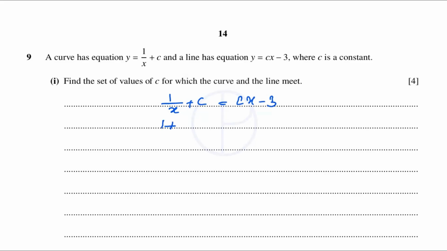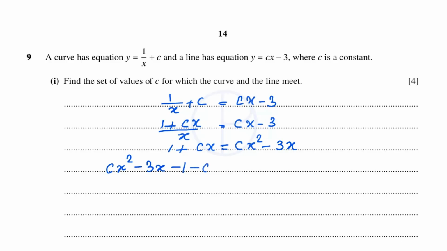Let's take LCM. (1 plus cx) divided by x equal to cx minus 3. Let's cross multiply. So 1 plus cx equal to cx square minus 3x. Let's rewrite this as cx square minus 3x minus 1 minus cx equal to 0. Simplify this, we get cx square minus x times (c plus 3) minus 1 equal to 0.